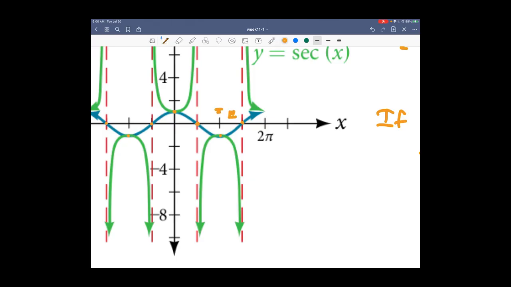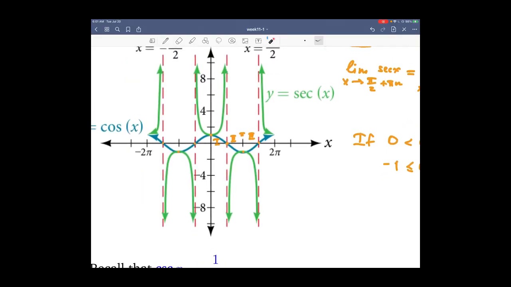And here, in the third quadrant, cosine increases from -1 to 0, staying negative. So its reciprocal is also staying negative, but decreases from -1 to -infinity.